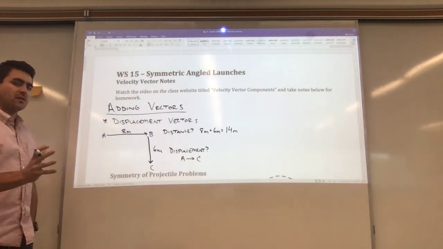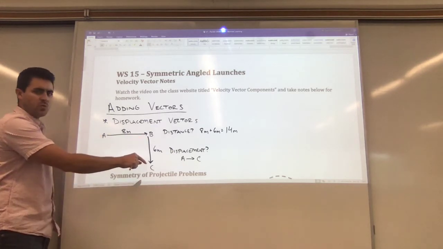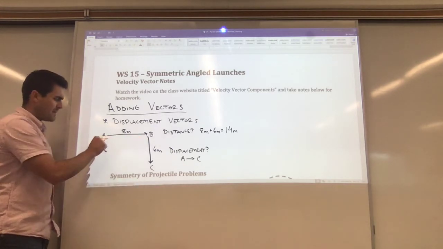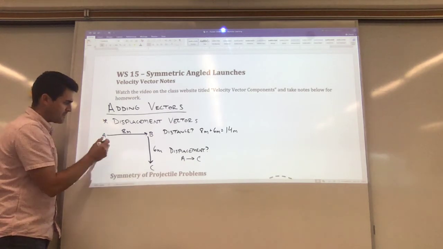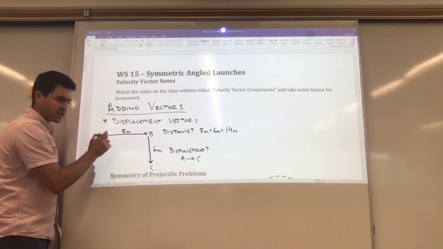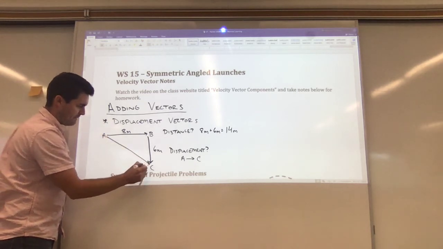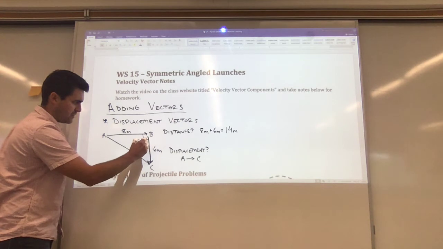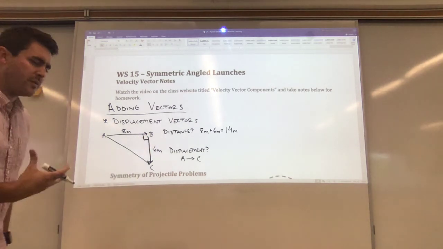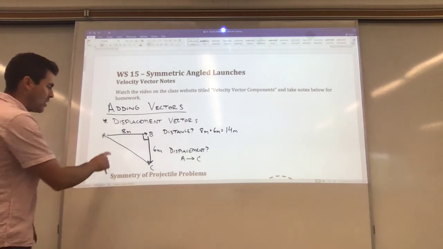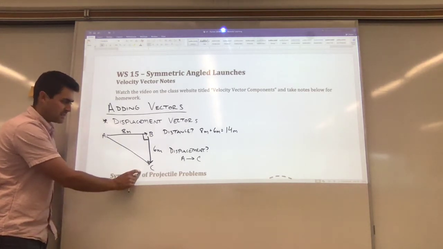Well, that question has a little more complicated of an answer, because I'm not 14 meters away from A. I'm kind of at this weird angle here away from A. And when I draw a straight line from A to C, what I see is I actually have created this right triangle. And because I know a little bit about trig, I can find what this length is.